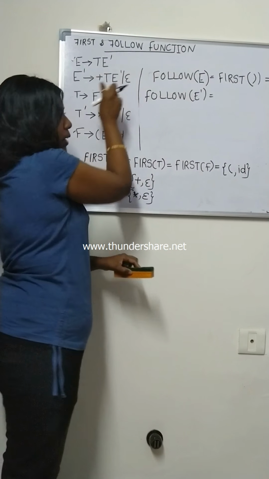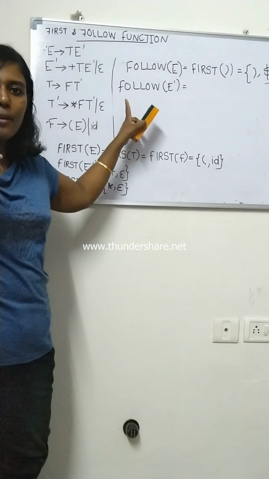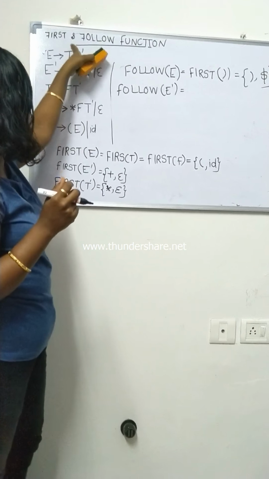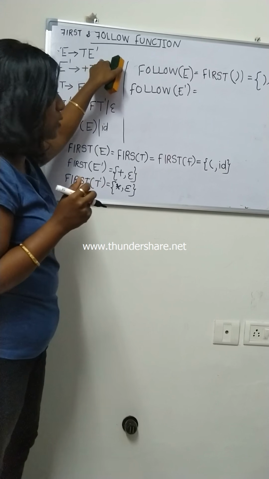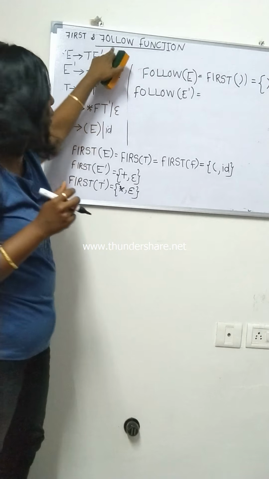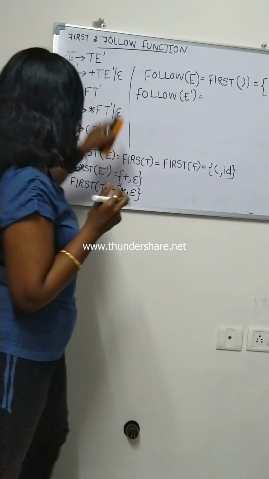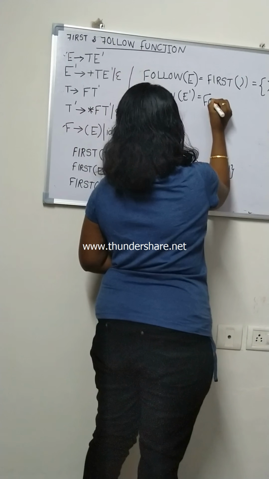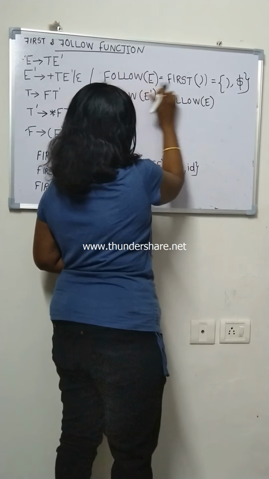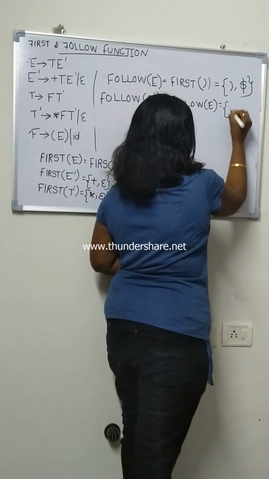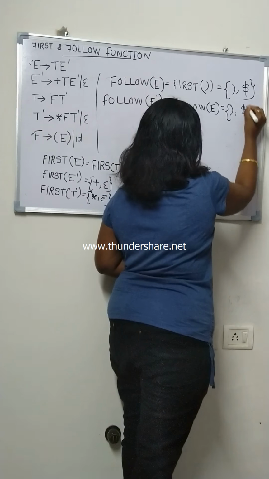So there is no value followed by E dash in either production. As per the rule, if there is no value, then we find follow of the left-hand side, that is follow of E. So follow of E dash is equal to follow of E, and follow of E we already found: here it is close parenthesis as well as dollar.